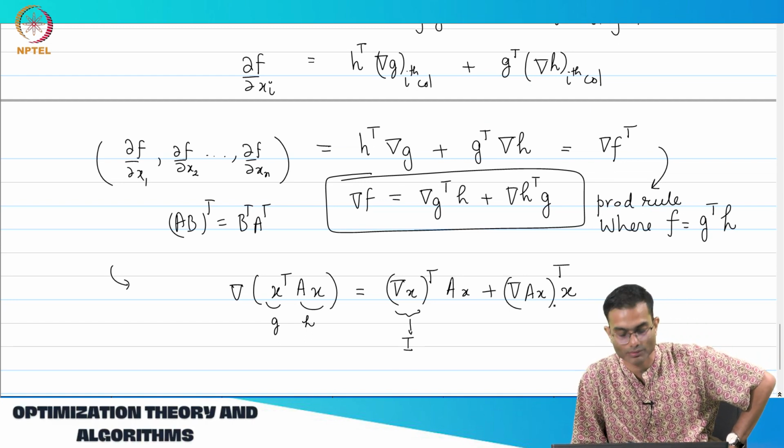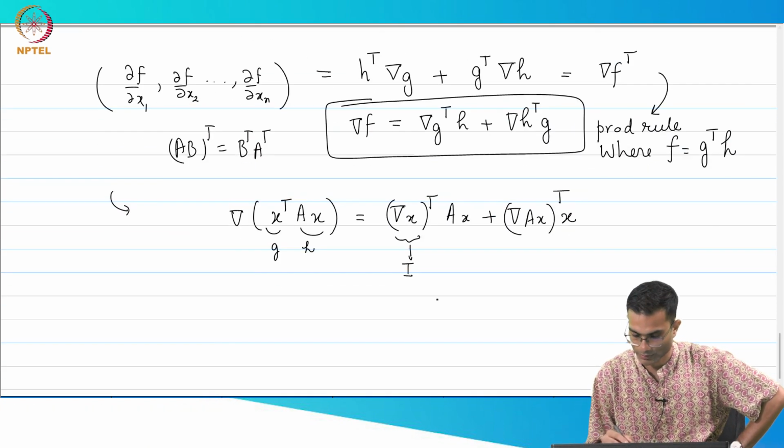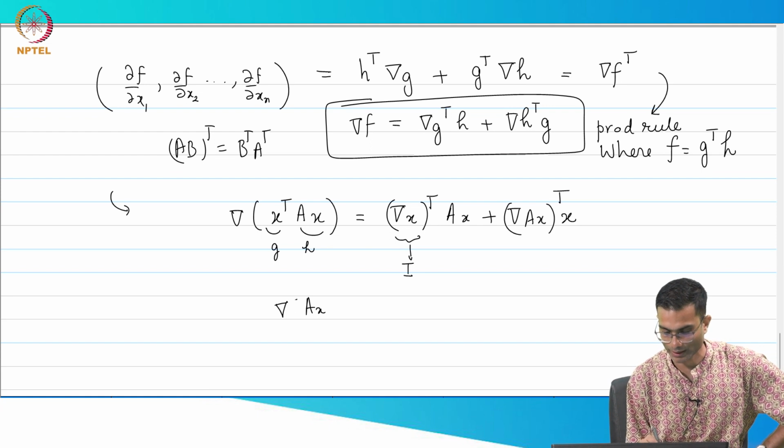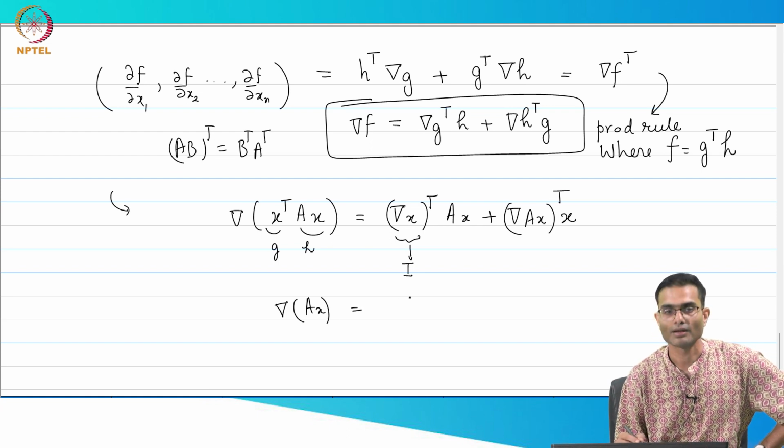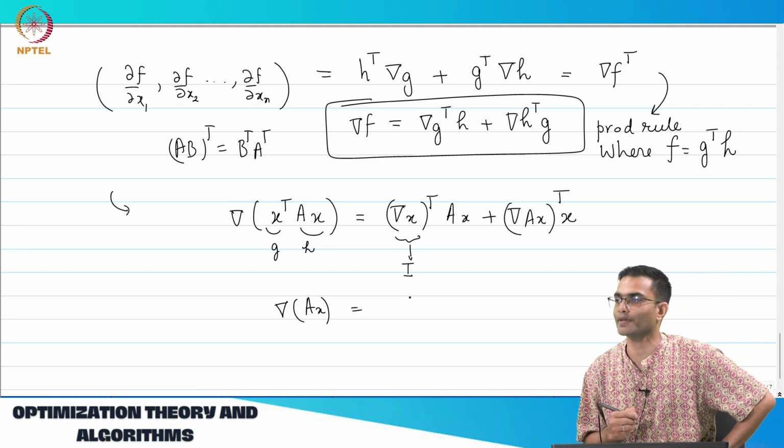Now what about grad Ax transpose? Let's just talk about grad Ax. What is grad Ax? If I take grad over here, it's going to give me A. So can you see why grad of Ax is going to be A?